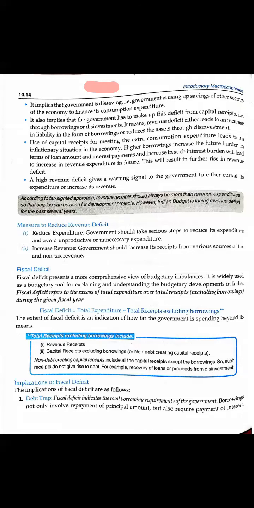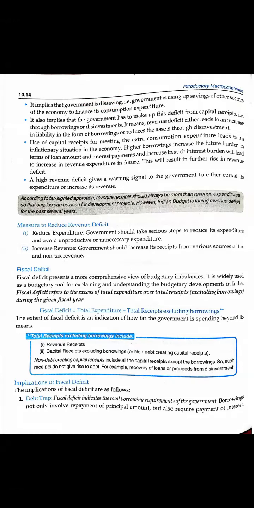So when there is a revenue deficit, what will happen? Automatically, it is not possible for the government to save money. So the first implication is that the government made improper planning, so we can't meet the regular expenditure.